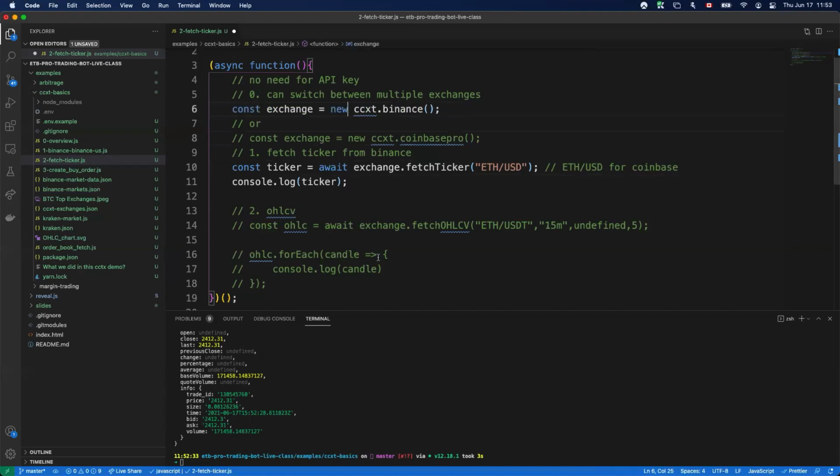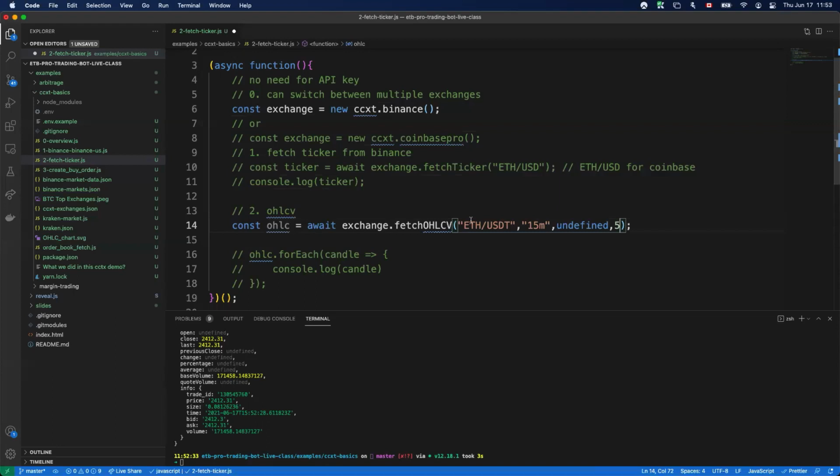The next thing that comes up is fetching the candlestick data. Now, if you would like to know what the high value was within a certain span of time, what the low value was, at what price it opened, and at what price it closed, then we have an API function called fetchOHLCV, where you can specify the ticker, the interval that you would like to get the candlestick data for, and also how many samples you want.